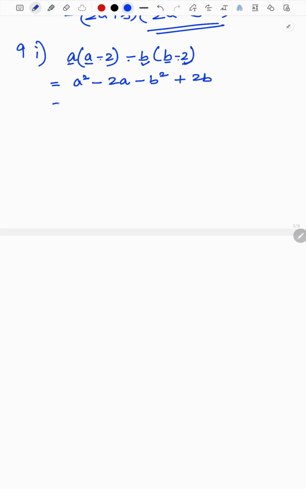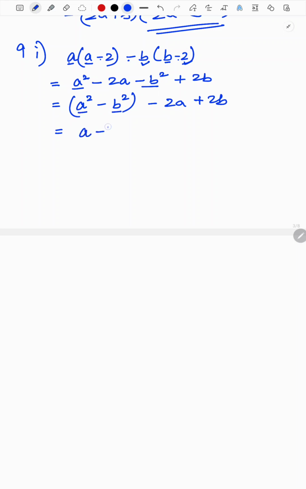So now let's rearrange this, okay, by writing the square numbers together. So a square minus b square, this and this number I'm writing together here as a group, and minus 2a plus 2b as another number. Okay, so now I can see that this is in the form of a square minus b square.